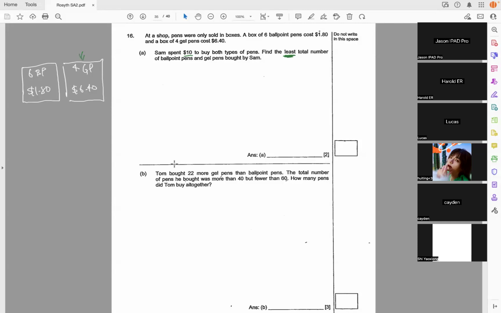Because every box of gel pens is 640, and each box only has 4. But I only have $1000. There's no way I can buy 2 boxes because 2 boxes is more than $1000, since 1 box is 640. So I need to buy 1 box of gel pens.